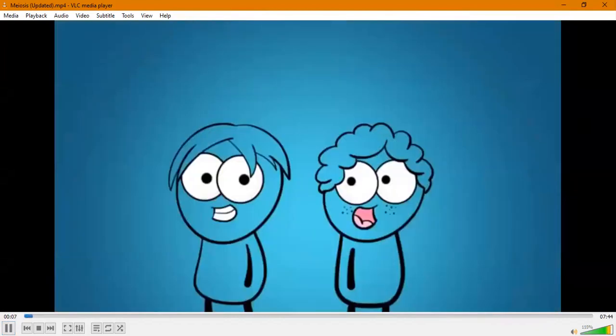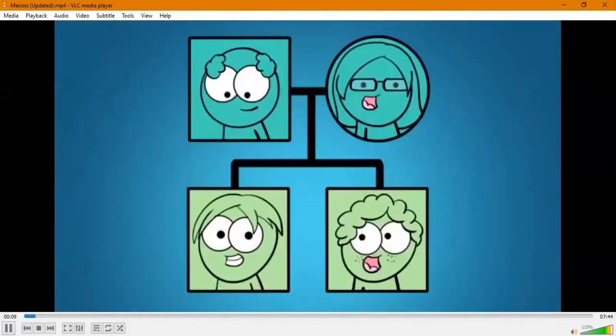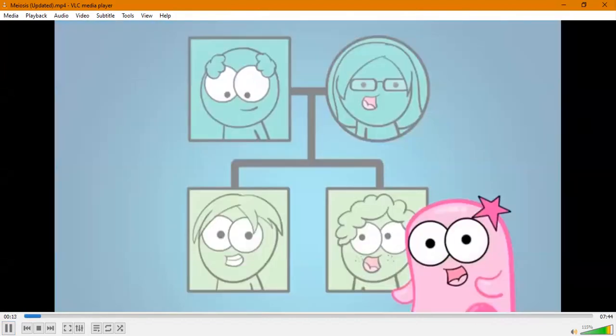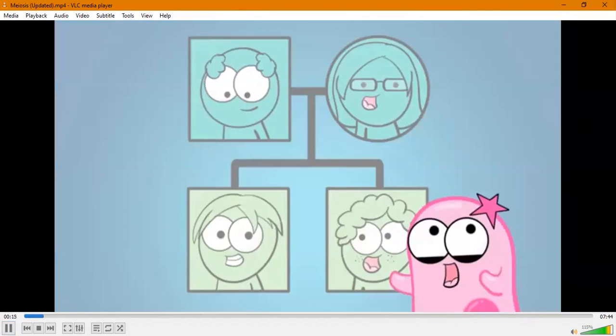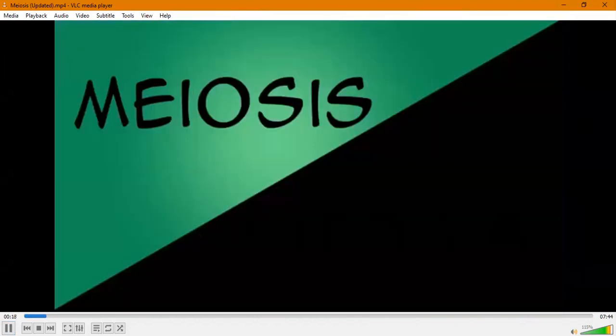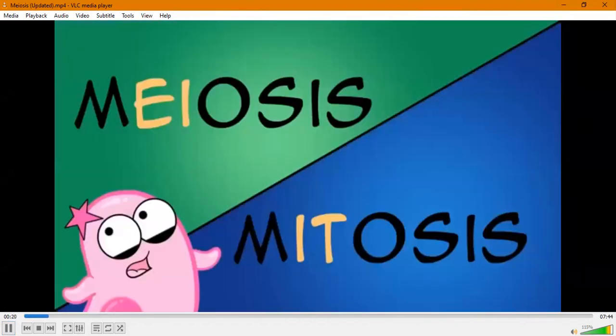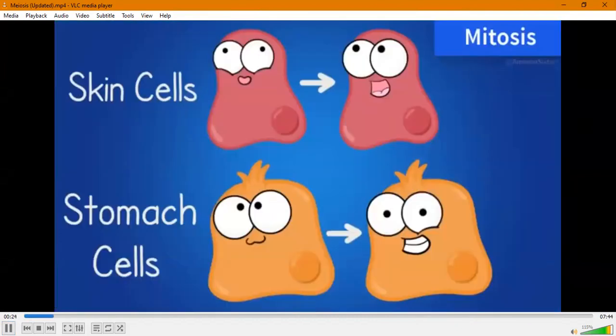Have you ever wondered how two siblings can have the same mom and dad and still look so different? Well, today we're going to talk about a process that makes that possible, a process called meiosis, not to be confused with mitosis, which sounds unfortunately similar. Mitosis makes identical body cells, like your skin cells and stomach cells.